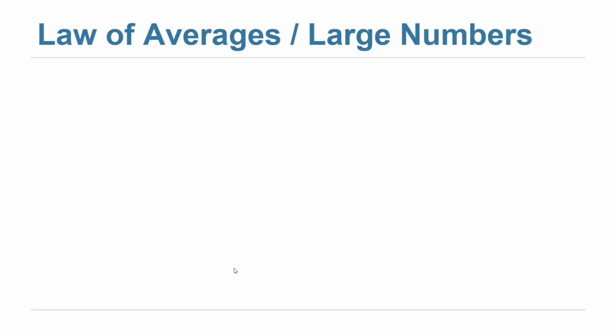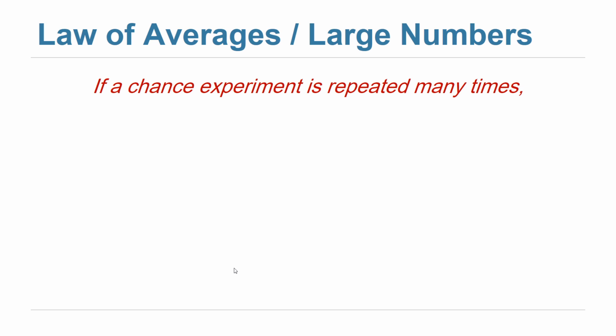We generalize it in what we call the law of averages or the law of large numbers. It says that if a chance experiment is repeated many times, what do you mean by chance experiment? Random. So an experiment on random samples.